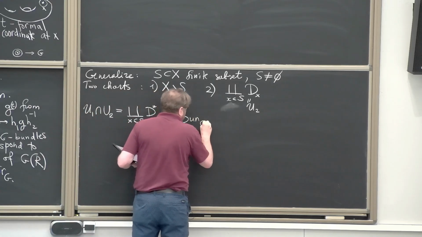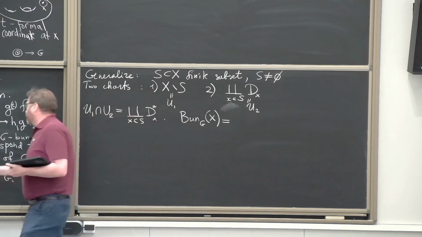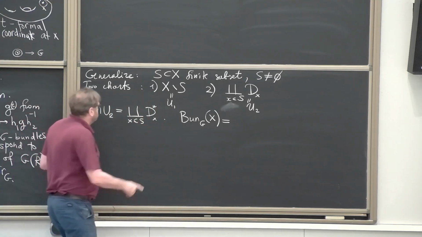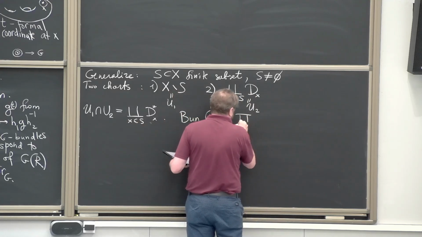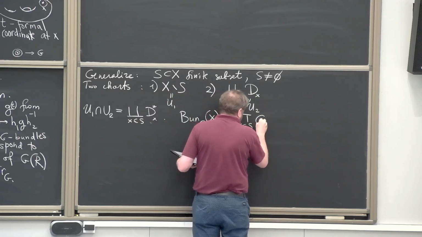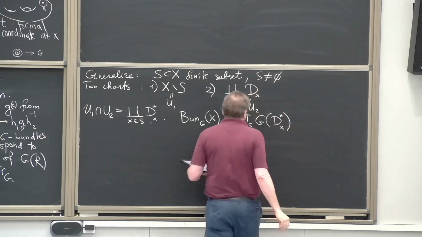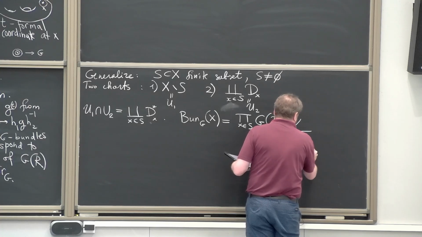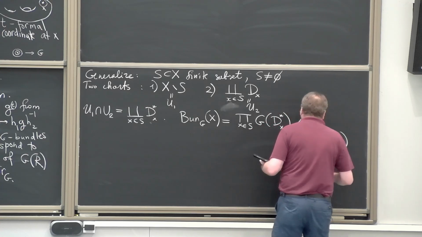Bun_G of X is going to be the quotient. We need to take the group G of G-valued functions on this union, which is just the product over x in S of G of the punctured disks D_x star. On this side, we will take the product over x in S of G of D_x.